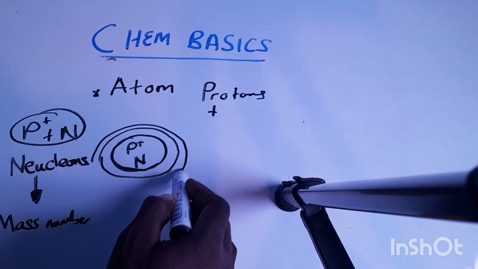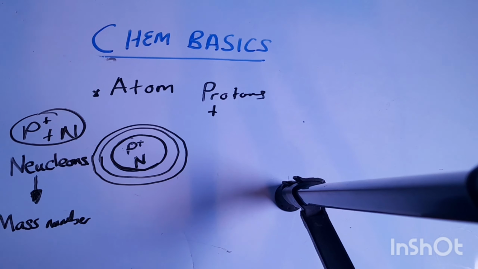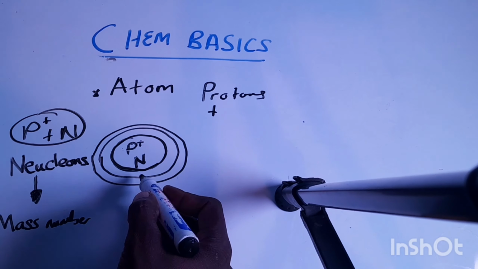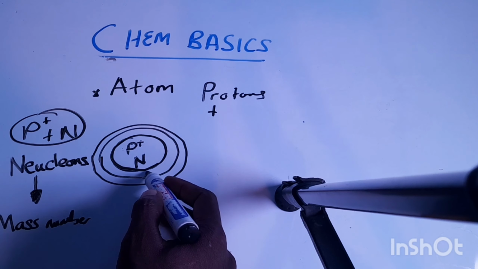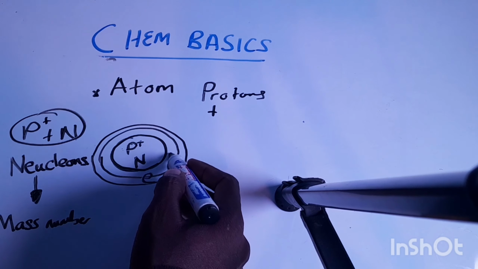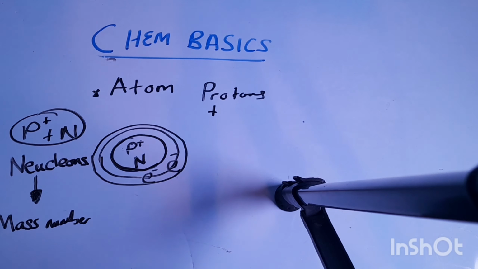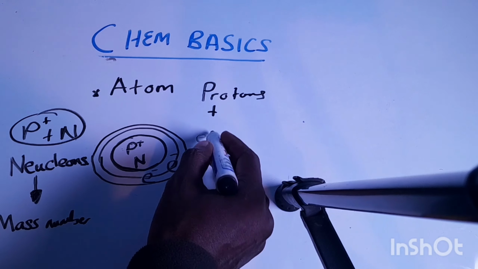It depends from atom to atom. Atoms have different energy levels depending mostly on the period that they're in, right? I'll explain again when I'm showing you the periodic table. In these energy levels, we have the electrons, right? And electrons are negatively charged.